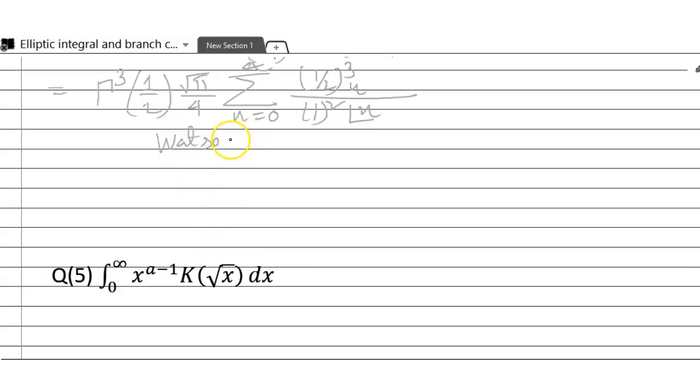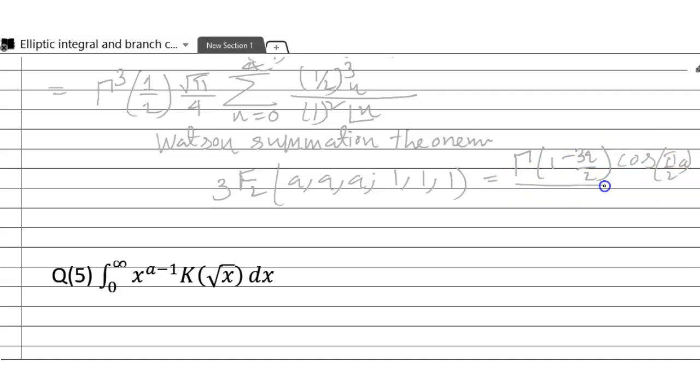Watson summation theorem: 3F2 a comma a comma a comma 1 comma 1 comma 1 equals gamma 1 minus 3a divided by 2, cos pi by 2a, divided by gamma cube 1 minus a.